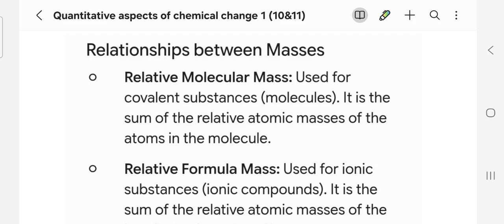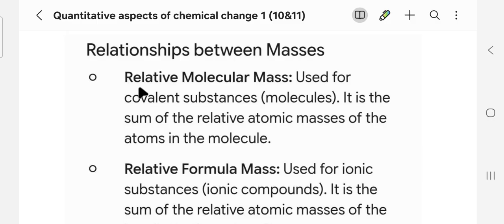So when we talk of a relative molecular mass, we are talking of a situation whereby we'll be looking at the masses, or rather relative atomic masses, which are found within molecules, and these will be found from atoms which happen to be non-metals. Okay, so let's find out what the definition is.